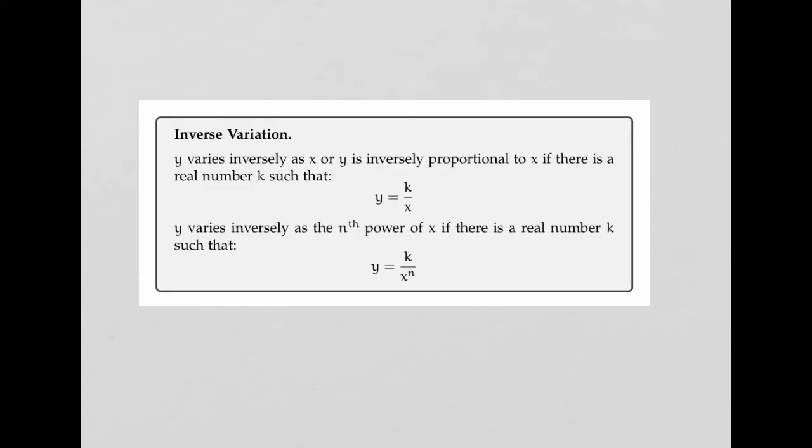Finally, let's talk about inverse variation. Say that y varies inversely as x, or y is inversely proportional to x if there is a real number k such that y equals k over x. More generally, y varies inversely as the nth power of x if there is a real number k such that y equals k over x to the power n.